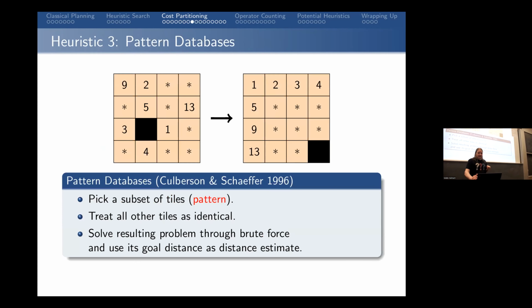What do I mean by this? Maybe let's go back here. On the left, okay, this is not the best example. So I have 4 possible moves, and each of these will change a tile in the pattern. They will move tile 3, 5, 1, or 4. If I look at the goal state, well, the only moves I take only change the position of the blank.